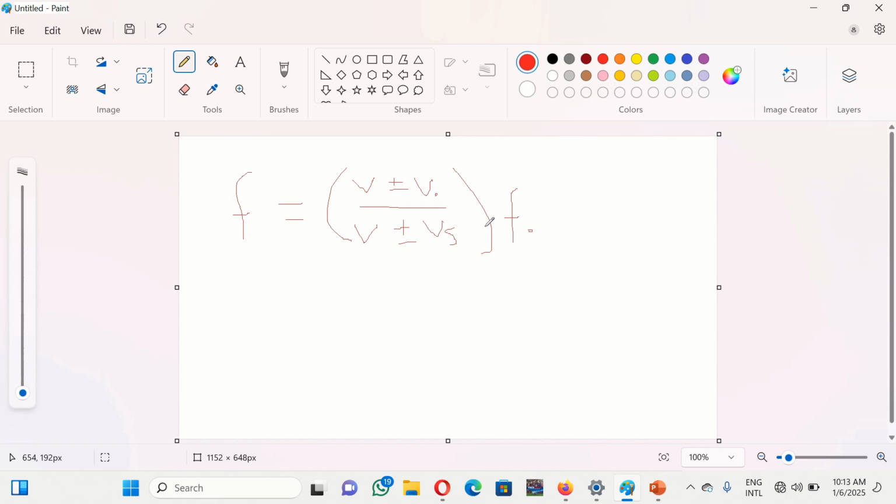Now, the moment something is stationary, it means that the thing is not moving. So if an object is not moving, then the velocity of that object is zero.